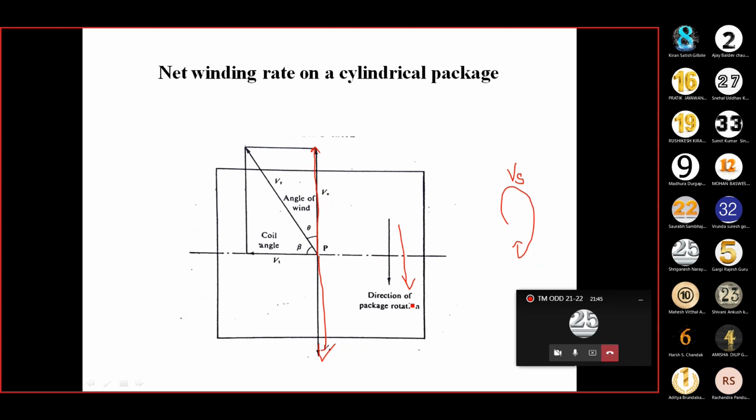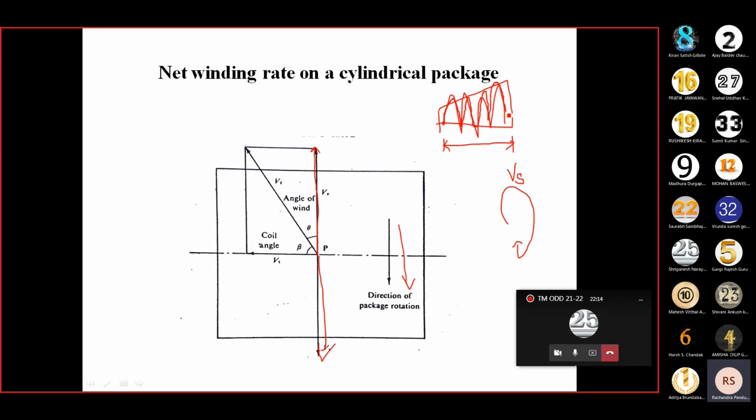Now we know that we have to wind the yarn onto the package. So in order to wind the yarn onto the package, we require a traverse. It means you have to start your yarn from this point and lay the coils onto the package.